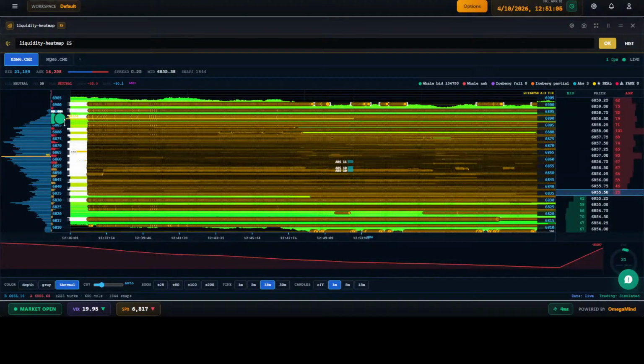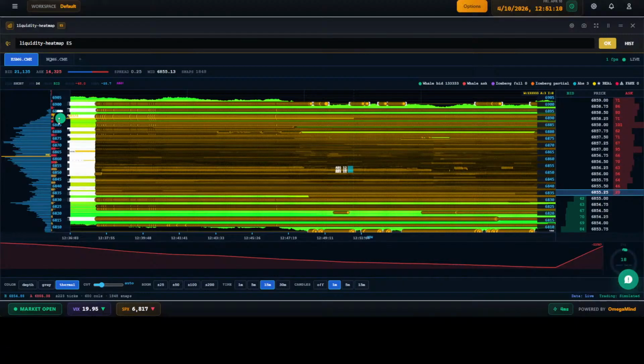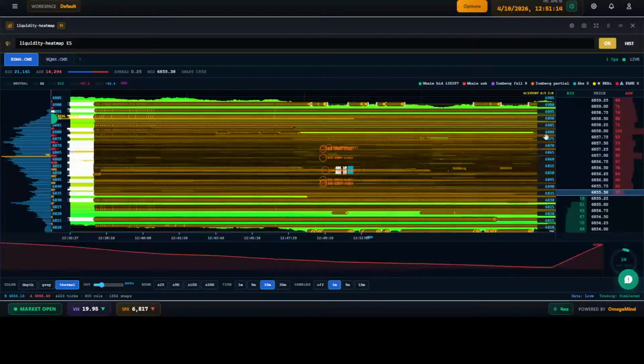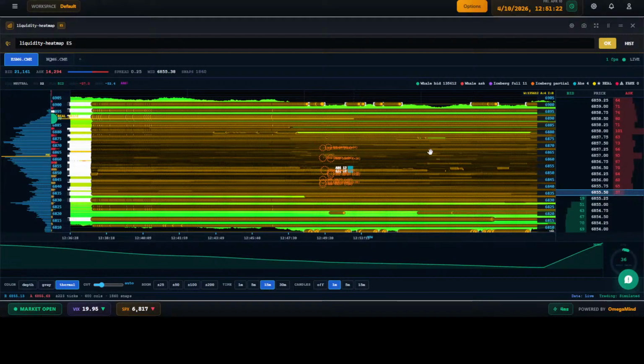Take a look here. Read this. This is a well bid. They are bidding right here, 68.80. So there are a lot of others sitting right here, waiting in this area.